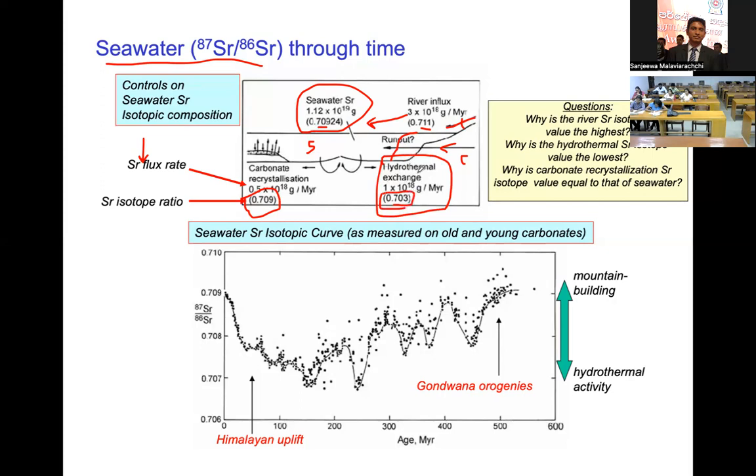This hydrothermal exchange is coming from the mantle sections, mainly at mid-ocean ridges. Mantle strontium isotopic composition is lower than the crustal isotopic composition, as you learned before. Therefore, they will bring up low strontium ratios, but still with circulation, with time, it will come up to an average value.